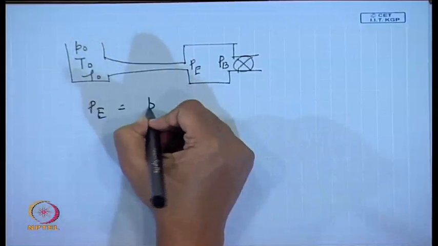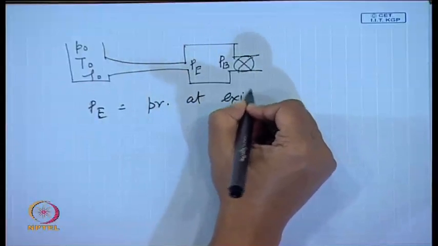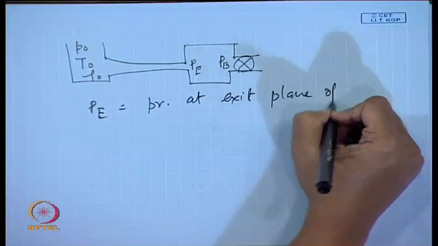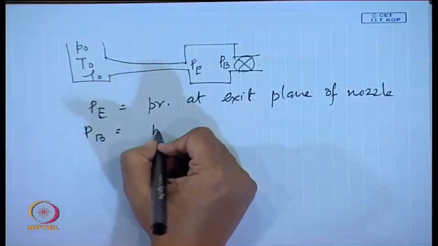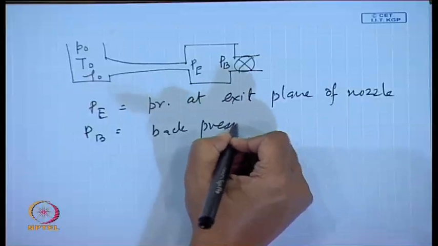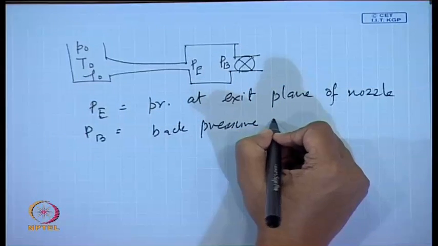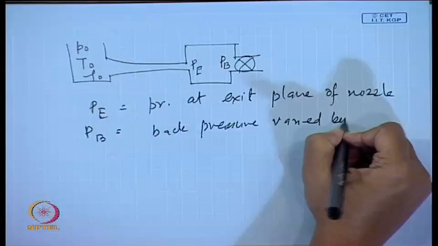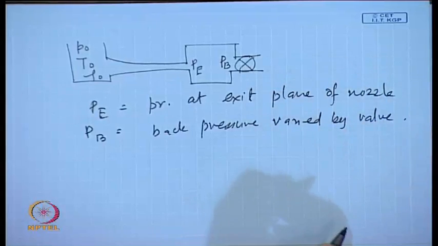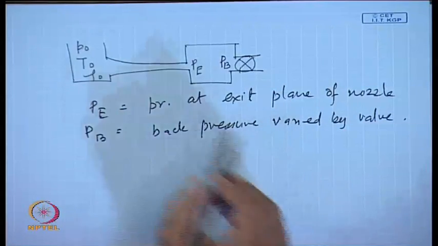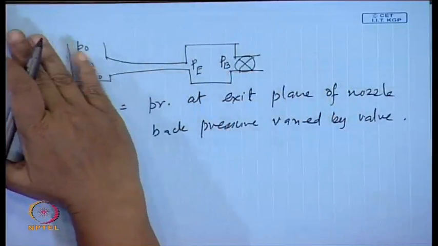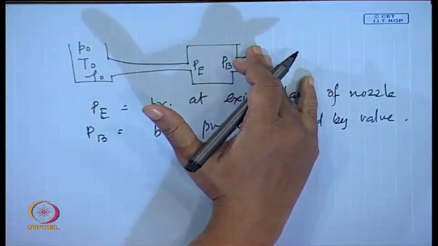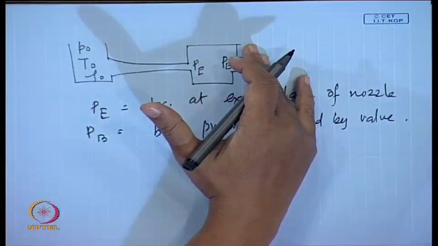If I write it down, PB is the back pressure varied by valve. Now, let us see what happens. So initially this valve is closed and the entire system is at a constant pressure, no flow occurs under that condition, right.